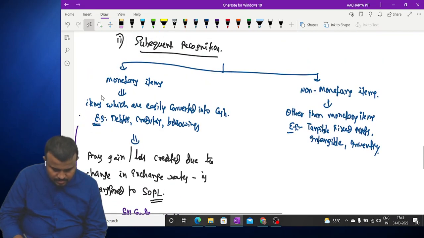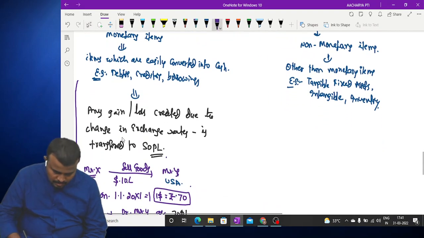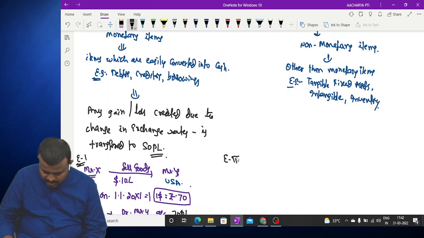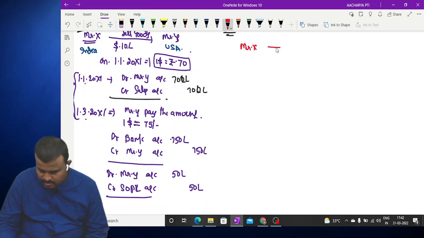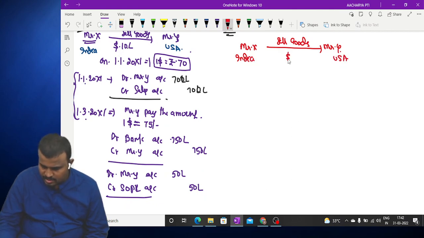So coming to example 2. For example, Mr. X sells goods to Mr. Y for 10 lakh dollars on 1/1/20X1, when $1 is equal to 70 rupees.